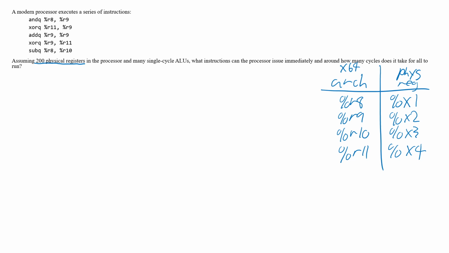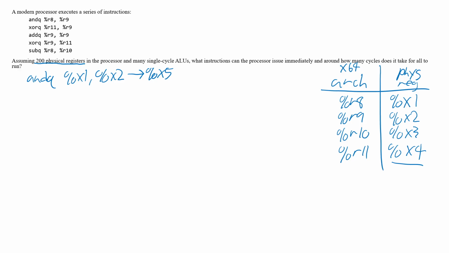You might think it's just drag and drop replace, but there's a bit more to it. First, we're going to substitute R8 with X1, and then R9 with X2. But here's where we can take advantage of the 200 registers. We're going to save this output into X5 because X4 is already used down here.